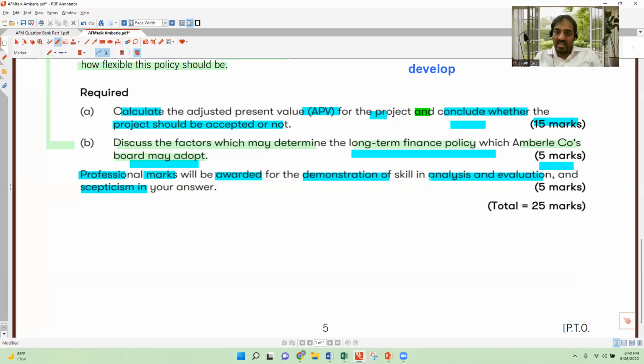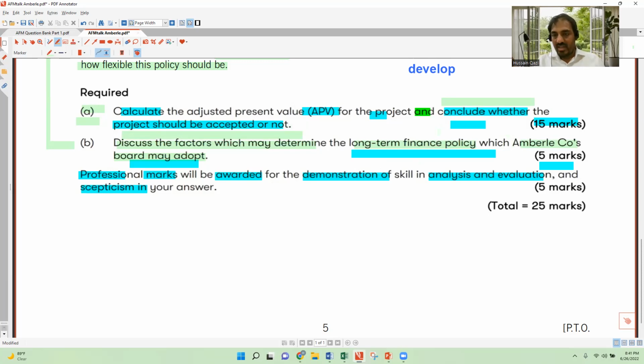Now it's time to handle the theory, and how the professional marks incorporate with the theoretical aspect. The very first thing is that we will approach the part A theoretical aspect, related to concluding whether the project should be accepted or not.